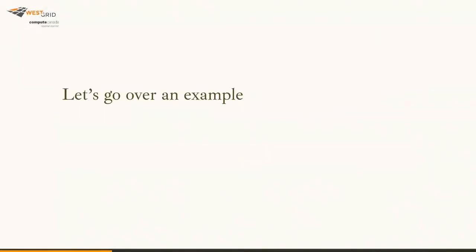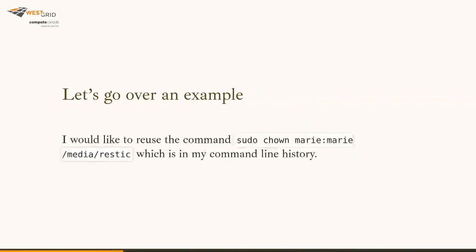So let's try a very first example, because one thing that's great about FZF is that it can be used in countless settings. You can use it with any command that outputs a list, basically. So there are very many situations that apply to it. So for instance, I have just used this command earlier today, and I would like to reuse it.